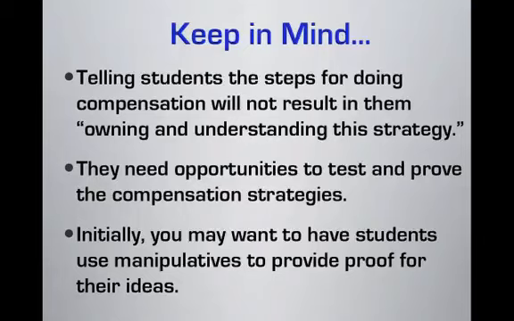They're really not understanding the why. So they need opportunities to test and prove these strategies. If you're doing number talks, you're really going to see compensation come out in your number talks. And initially, you may want to have students use manipulatives to provide that proof for their ideas and for how they compensated. So going back to that pictorial, concrete connection to their computational strategies.